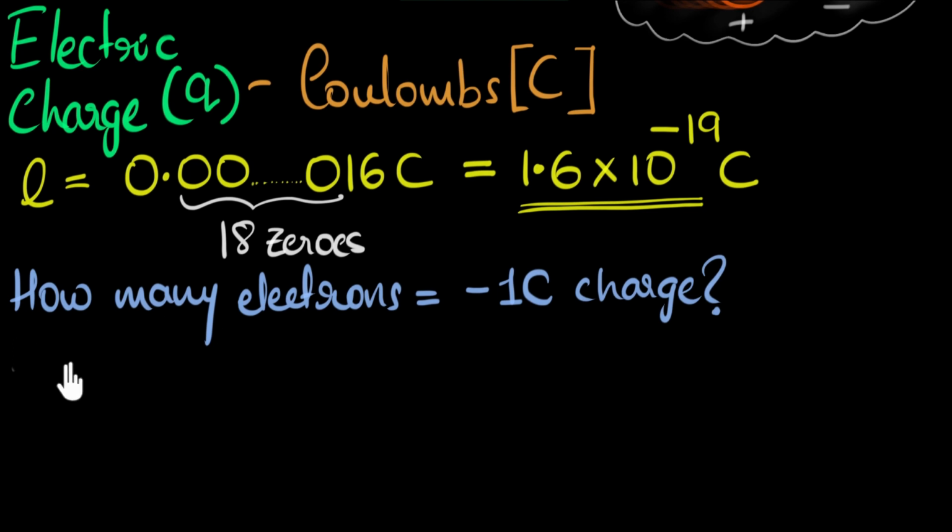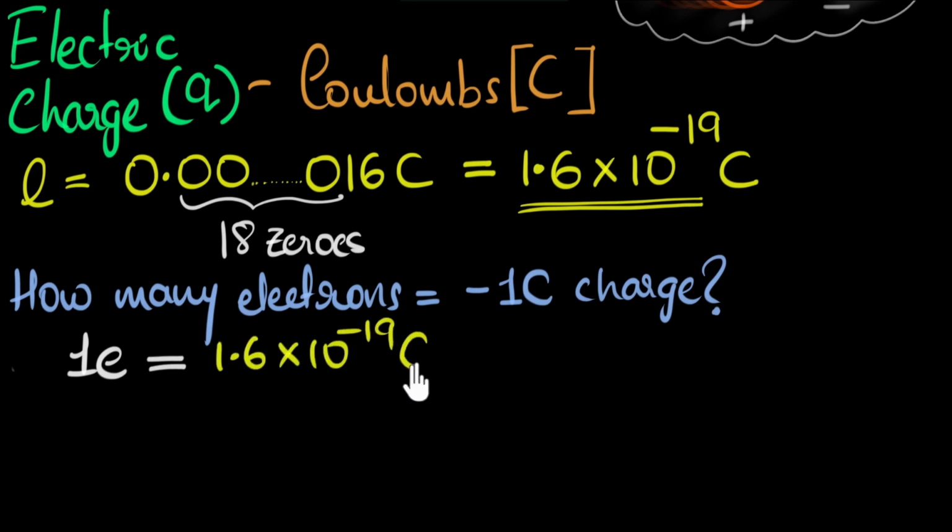So to do this, we know 1 electron, let's write that down, 1 electron is worth a charge of 1.6 times 10 to the minus 19 coulombs. And since it's an electron we're dealing with, it'll be negative. But I want 1 Coulomb worth of charge, not this.